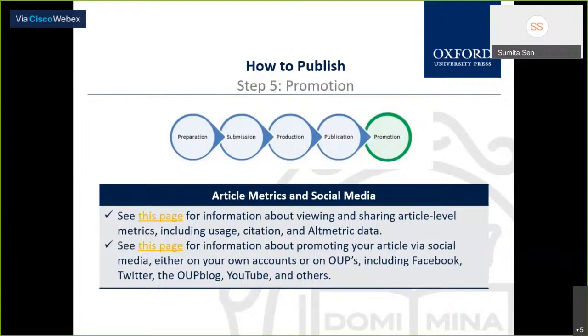During that embargo period, there are certain rules that you cannot talk about it on any social media. You cannot say that this kind of research is going to be released or anything. After it is open to the public is when you can publicize it on LinkedIn, Twitter, wherever. And so you can check the page for article metrics in social media.